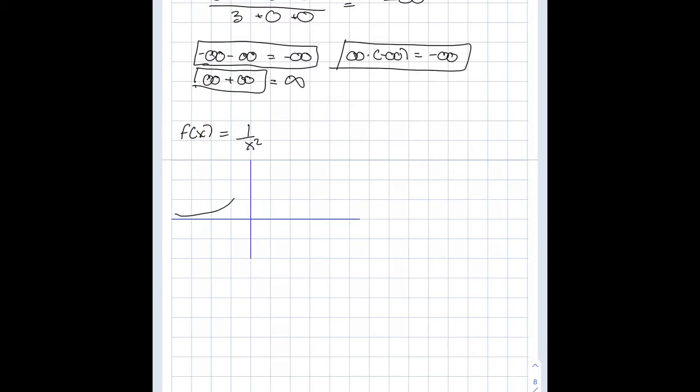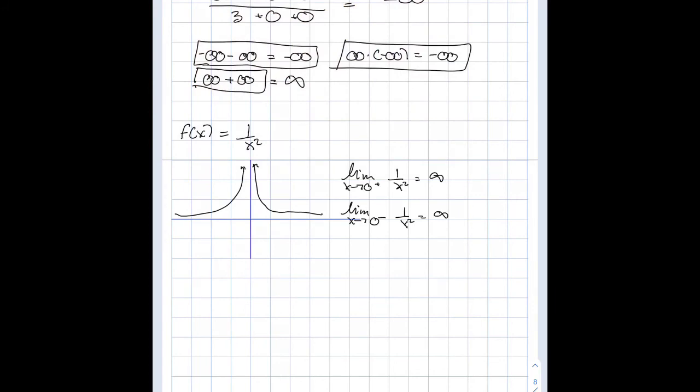I thought I'd switch it up so we don't always look at 1 over x, but the same kind of thing applies. So we can see that the limit as x approaches 0 from the left-hand side of 1 over x squared is going to positive infinity. Same with the limit as x approaches 0 from the right-hand side of 1 over x squared. That's also going to equal infinity.